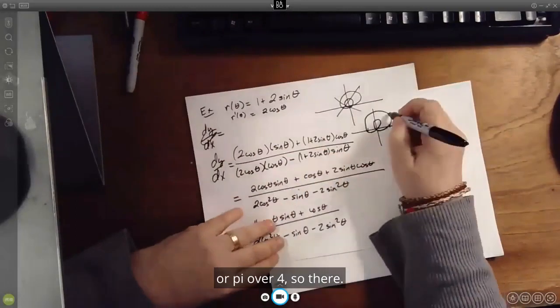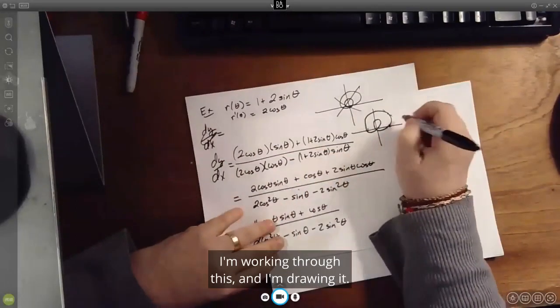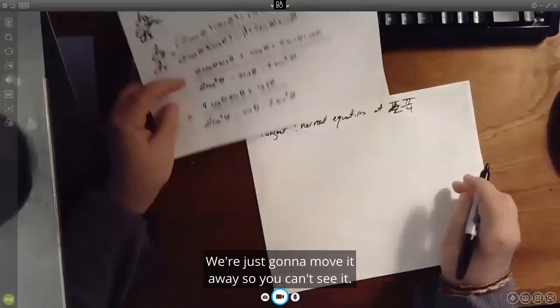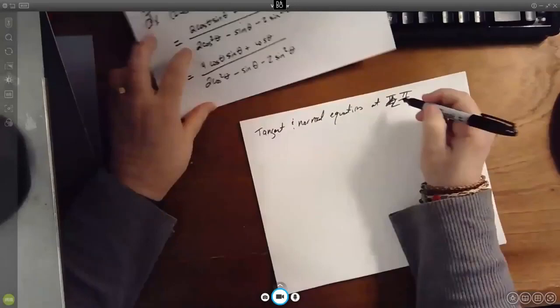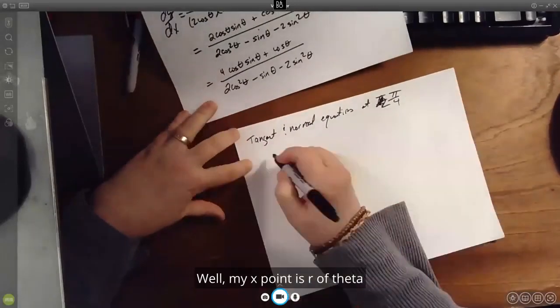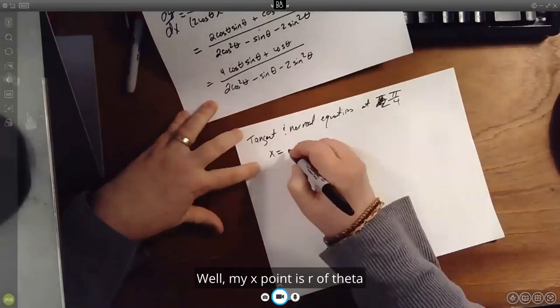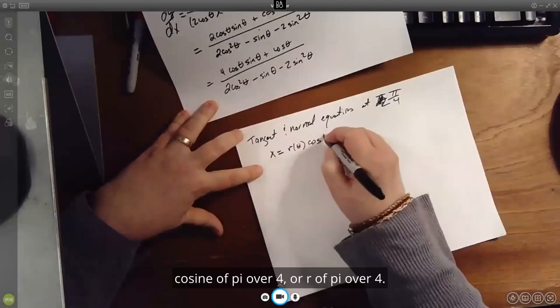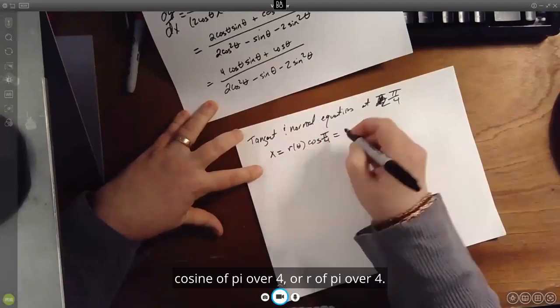So there, I'm looking for this. First off, what are the points? Well, my x point is r of theta cosine of pi over 4, or r of pi over 4.